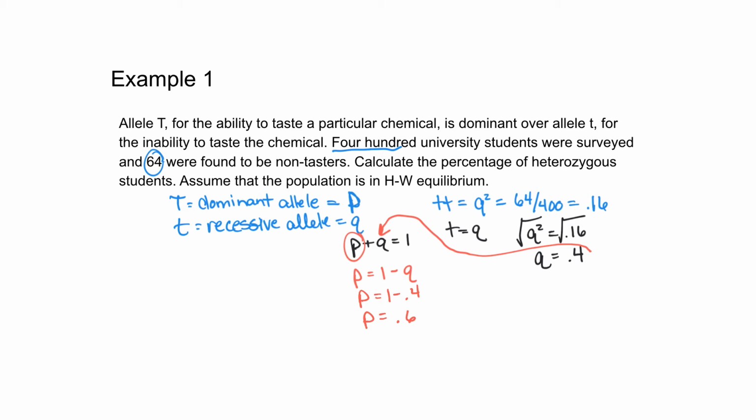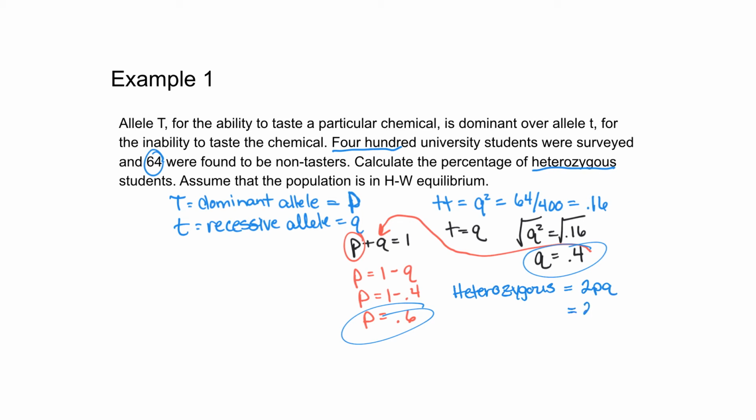Now we know p and we know q. And in order to find the heterozygous individuals, remember from the last slide, 2pq is equal to the heterozygous. So the heterozygous frequency is going to equal 2pq, and then we just plug in.